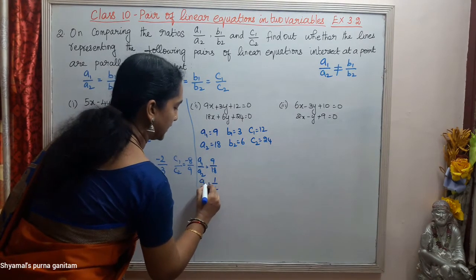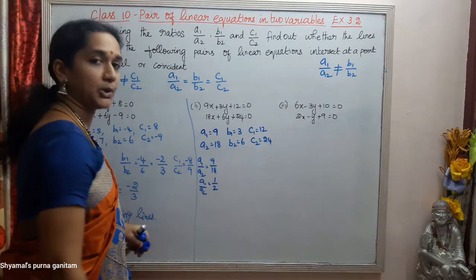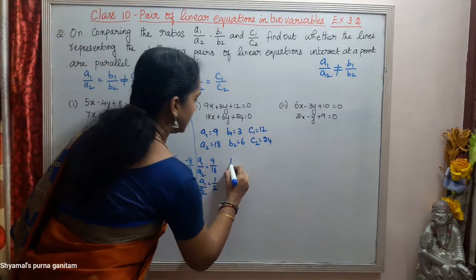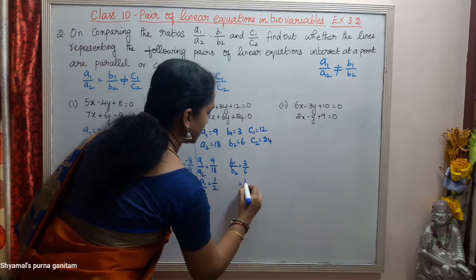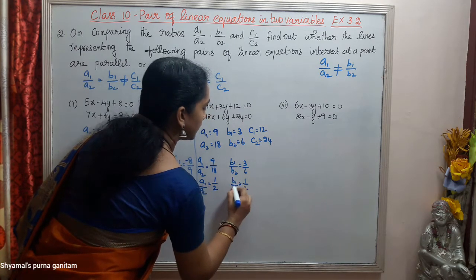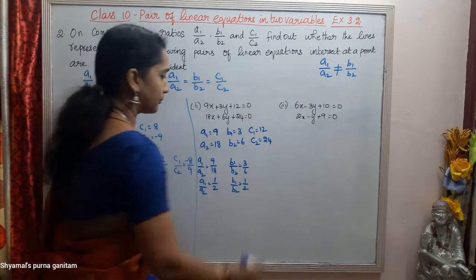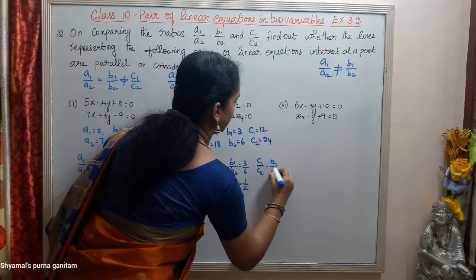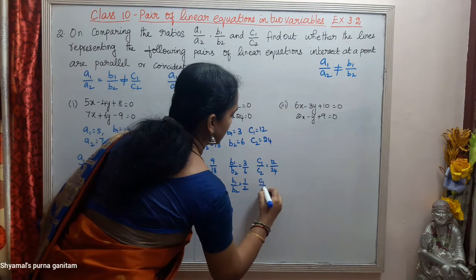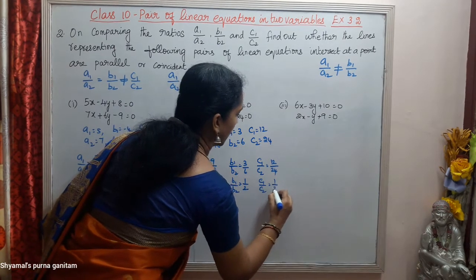B1 by B2 is 3 by 6, which is also 1 by 2. C1 by C2 is 12 by 24, which is 1 by 2.